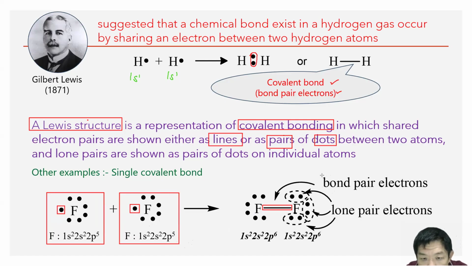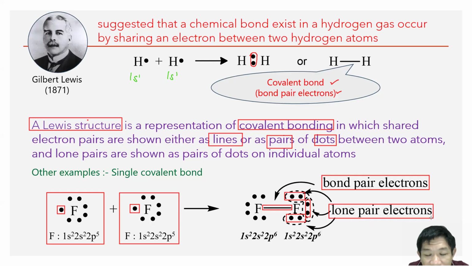This pair of electrons, formed when two electrons are shared by the respective atoms, is known as the bond pair electrons, whereas an unshared electron pair is called a lone pair of electrons. Okay, it is important for you to understand these terms at the beginning of the lesson because later you will keep hearing them used a lot.